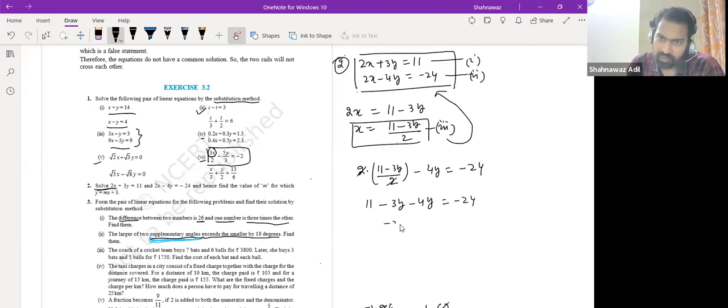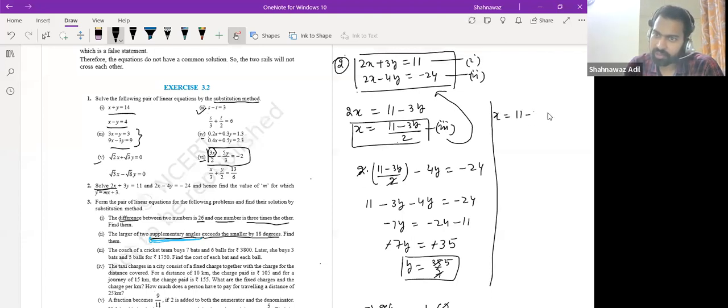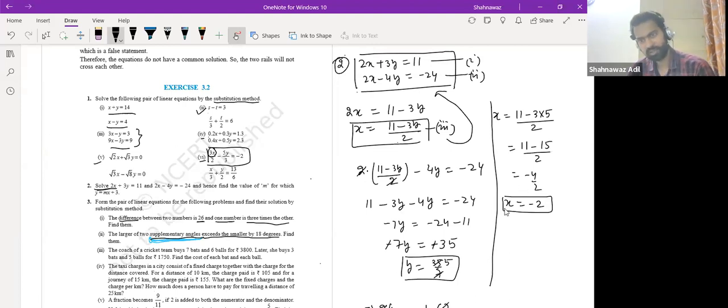So this is minus 7y and this is minus 20 minus 11, minus 31. Minus 7y is minus 35. Minus minus cancel and y is 5. So y is 5 and x is 11 minus 3 into 5 by 2, which is 11 minus 15 by 2, which is minus 4 by 2, which is minus 2. So x is this and y is this, right?